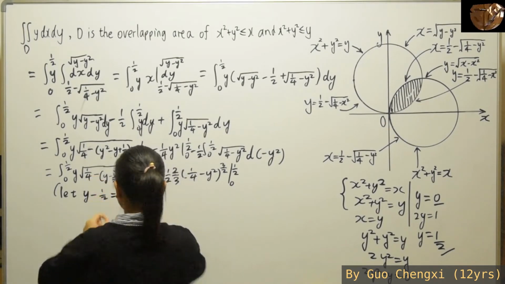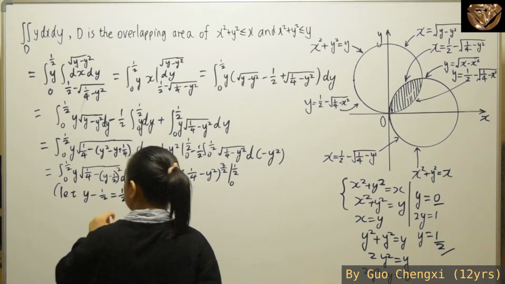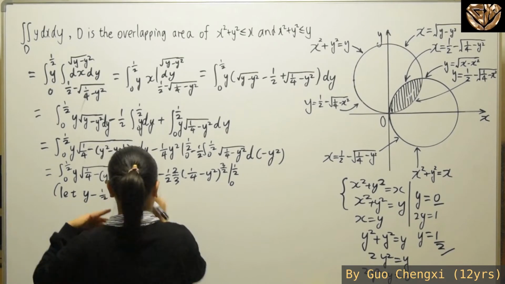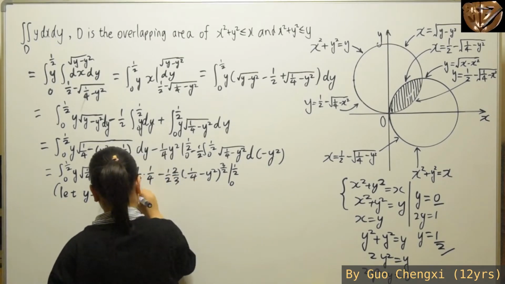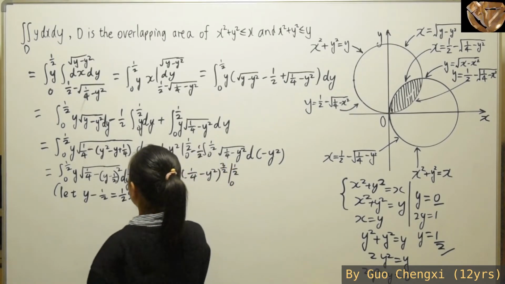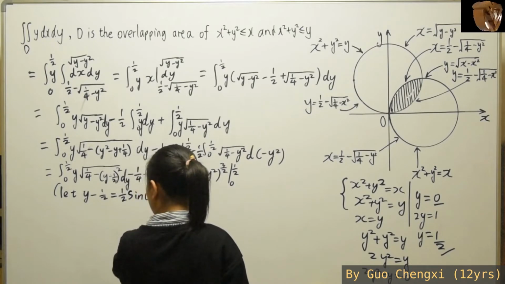You want to make it able to take the 1/4 out, right? So here you can have another half, but half what? Both of these are positive, you want the 1 to 1. So over here we are going to have half sine theta. So y minus half is equal to half sine theta.